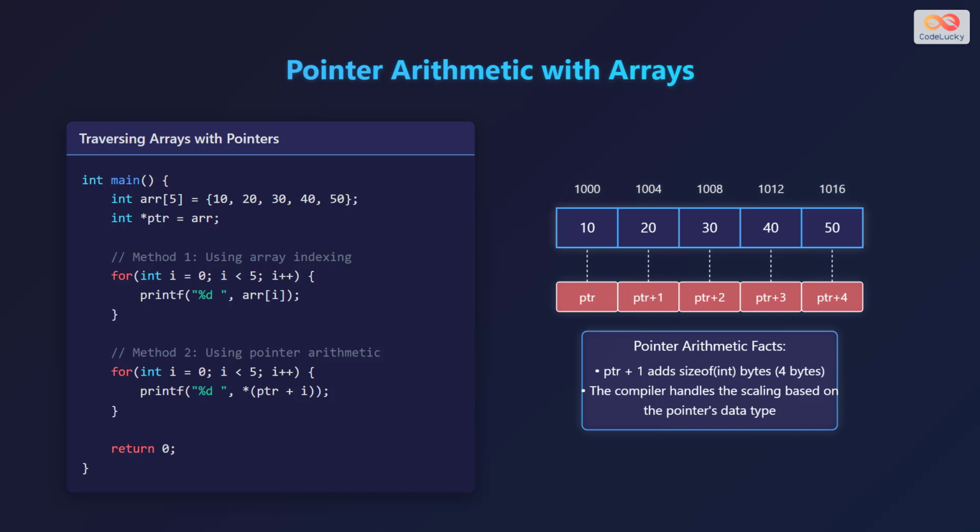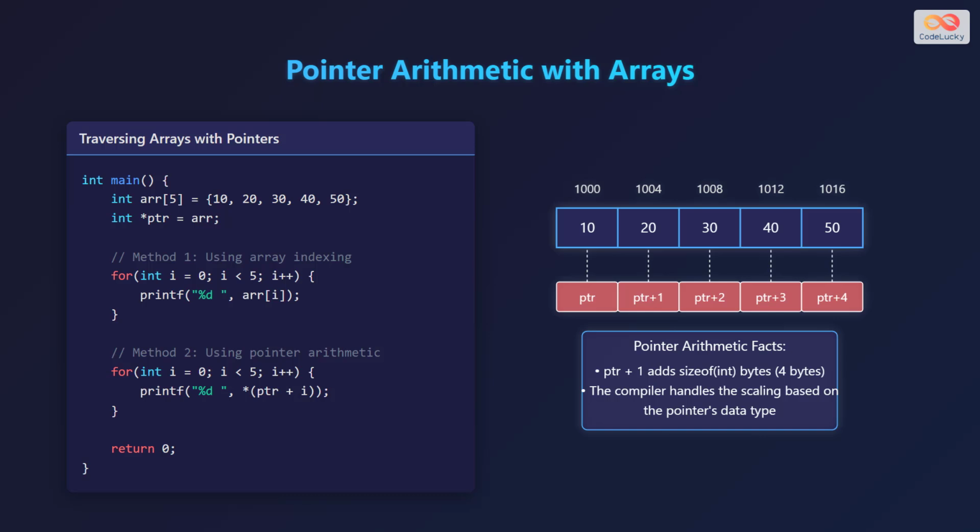The diagram illustrates how pointer arithmetic works. The array arr with values 10, 20, 30, 40, and 50 is displayed. The memory addresses are given as 1000, 1004, 1008, 1012, and 1016. A red box moves across the array, representing the pointer ptr being incremented.